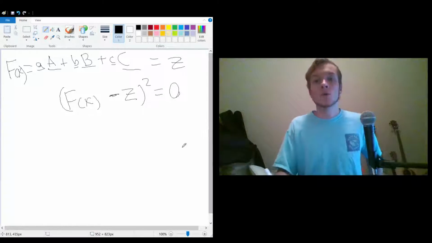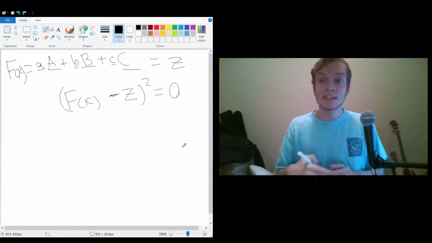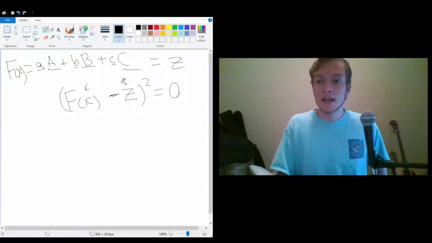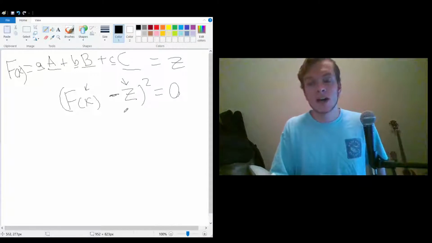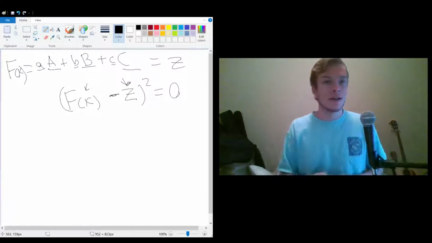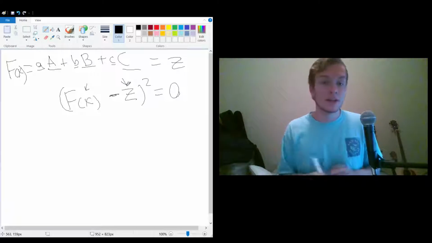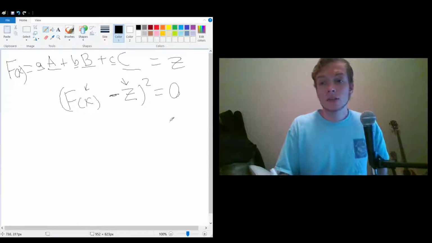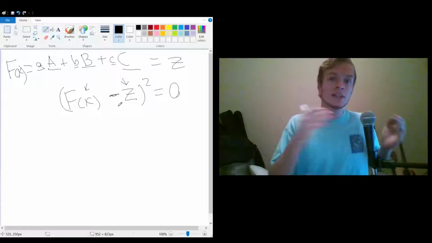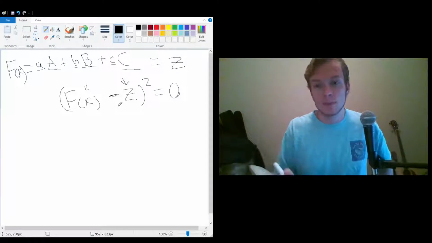This is essentially what we're trying to achieve, because if it's equal to 0, that means the equation we've brought up is equal to the equation that was actually used, or is equal to the model. It's a very good model, in a sense. It's called the least squared because we're trying to make it as small as possible.